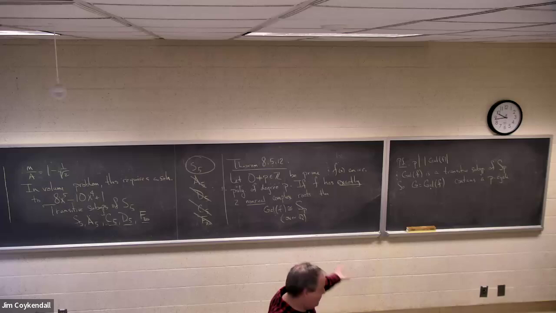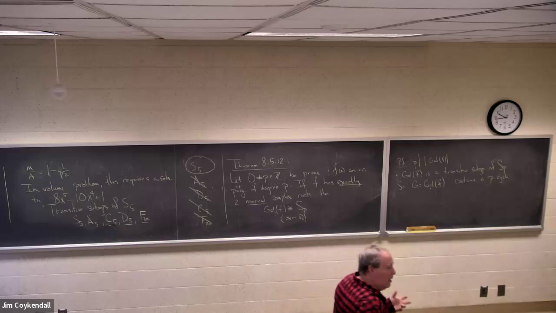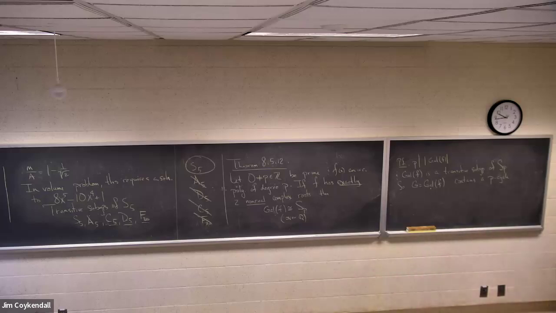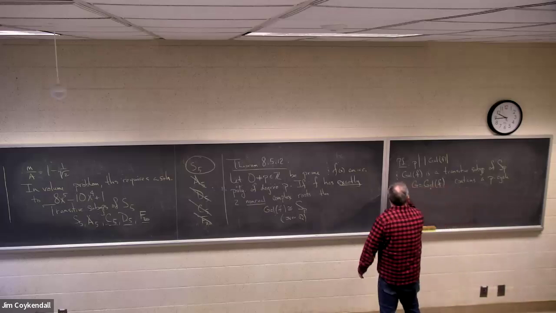If you're in SP, that's the only way to get something of order P. Because in SP, a typical element looks like a product of disjoint cycles. Those cycles, if it's not the full P-cycle, are going to be smaller than P, and the least common multiple can never have a factor of P in it. So that's kind of special. It contains a P-cycle.